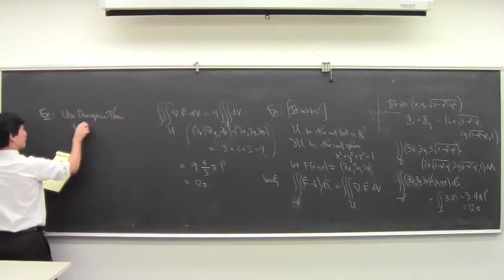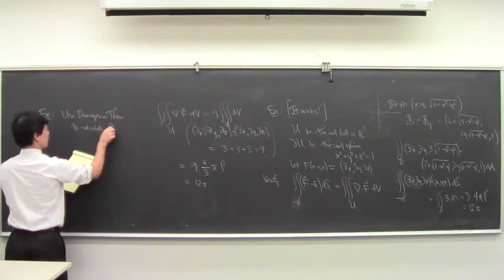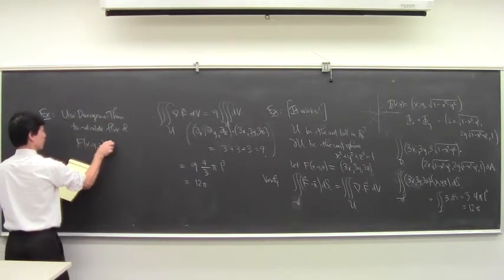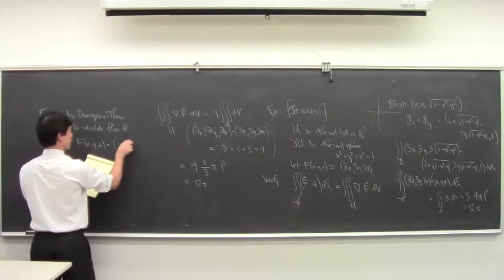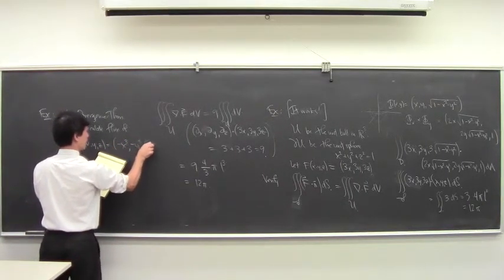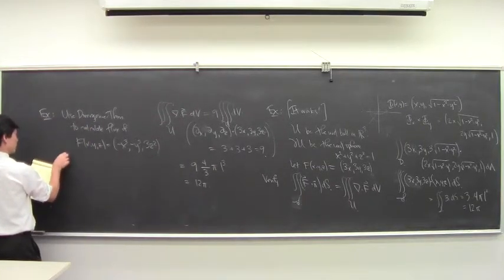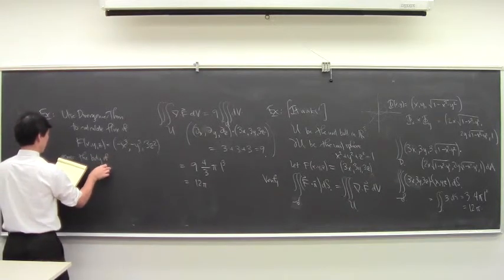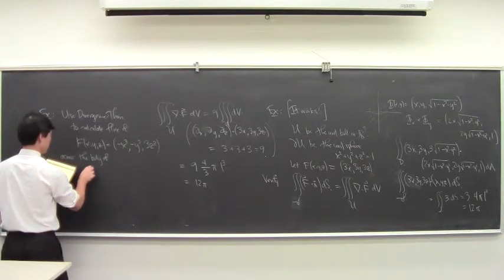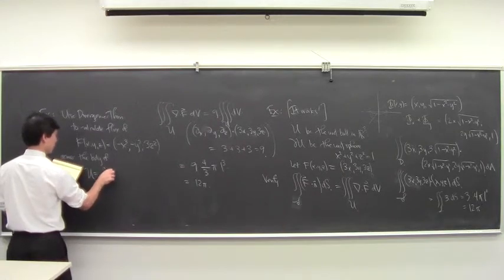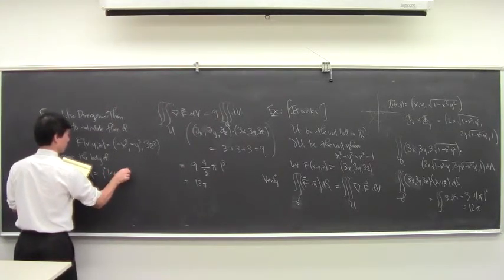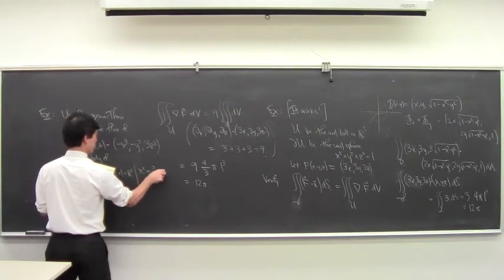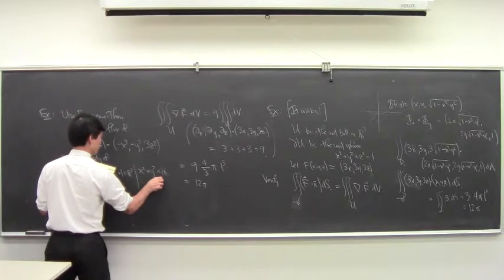To calculate the flux of negative x cubed, negative y cubed, 3z squared across the boundary of this thing U, which will be points in R3 where x squared plus y squared is less than 16, and z is between 0 and 5.